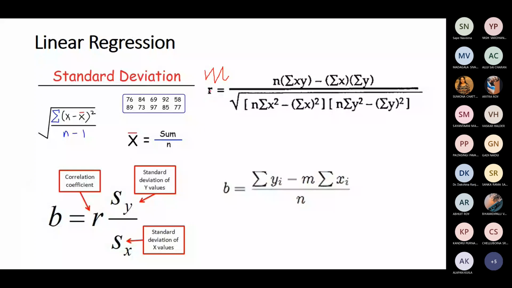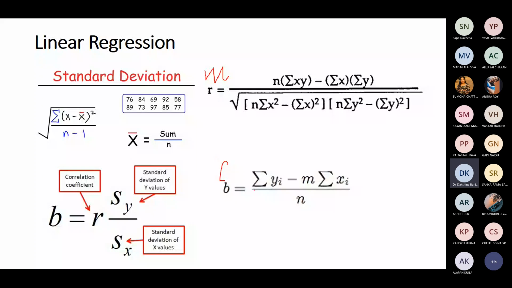So m equals this correlation. We will use this correlation equation for getting the m value, and we will use this m value in two different equations. That means in two different ways we can get the intercept. So this is actually the intercept c.